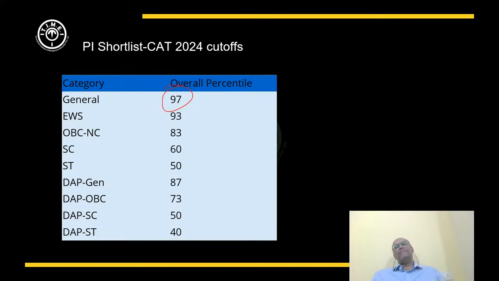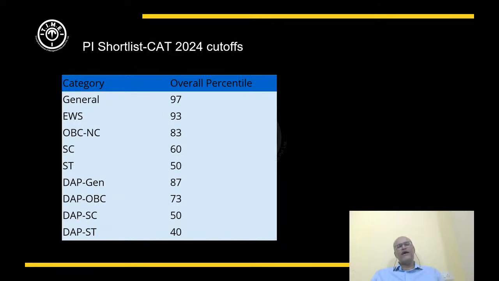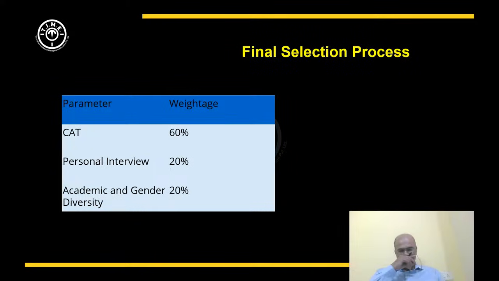And the interview process happens online. And what IIM Rohtak usually does is, along with your interview, it also conducts an extempore. Once your extempore and your interview get conducted, that's when IIM Rohtak will come up with a list of selected candidates. Now, this is how IIM Rohtak will carry out the final admission process.